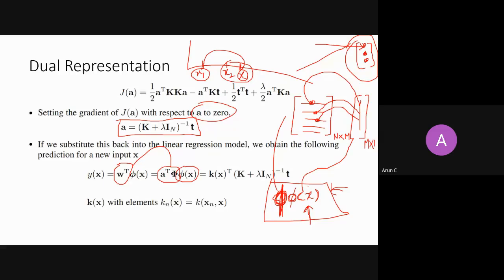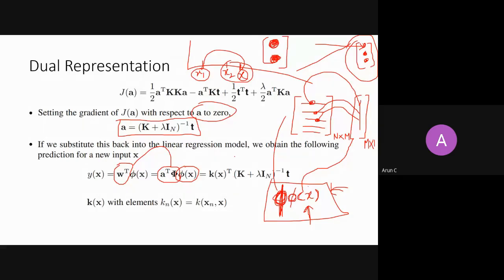So if I have two values, the dot product of predicted x with x1 and the dot product of x with x2, the second entry is relatively high, which says that x2 is nearer to x, right? And the first entry, the dot product between x1 and x, says that the similarity between x1 and x is less than the similarity between x2 and x, right? So this is how you can see this.